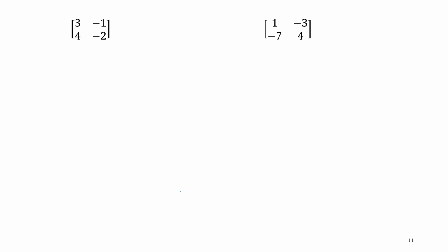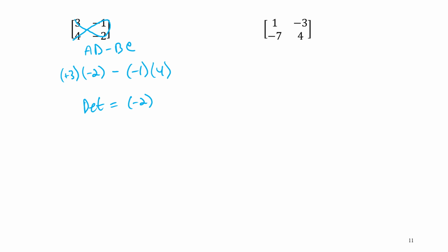So let's look at some examples. The first one, we have this matrix. And if we use the fish, we go 3 times -2 minus -1 times 4. That's still in the same format as A times D minus B times C. And our determinant value would equal -2.